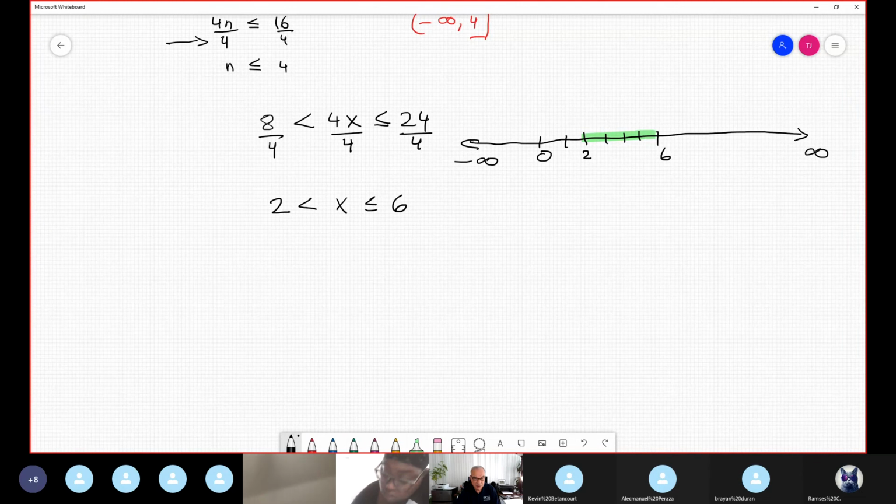This is equivalent to saying x less than or equal to 6. And 2 is less than x, this part is equivalent to saying x greater than 2. Because inequality is different from equation.